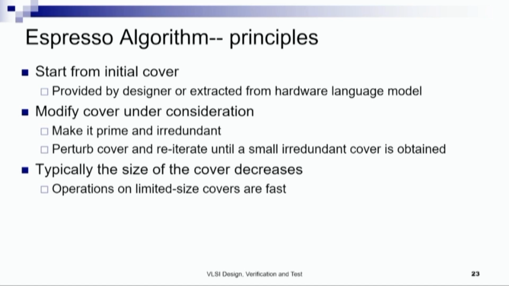We do it essentially through a series of expansions to form prime implicants and then cover the set of ones minimally, right, and find a minimal cover from the prime implicants that we have found. Then we do reduction and then again expand in another direction. So this is the basic principle which is followed in the espresso algorithm.